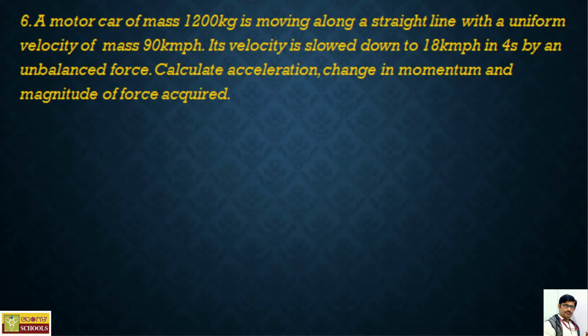Let us move to the next problem. A motor car of mass 1200 kg is moving along a straight line with a uniform velocity of 90 kilometer per hour.